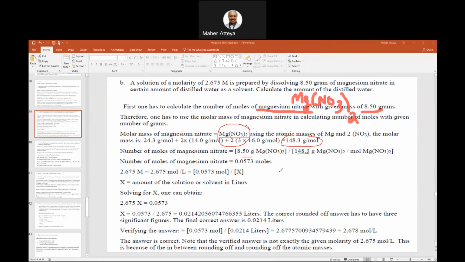So the moles are 0.073 mole. So now we have the moles, correct? And as I told you, this formula is moles per liter. So you divide the moles by the molarity to get the answer. And that's what we have done here.